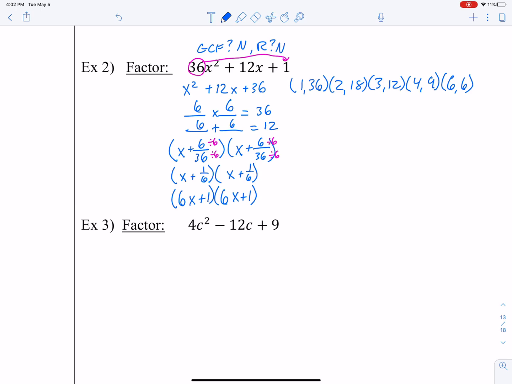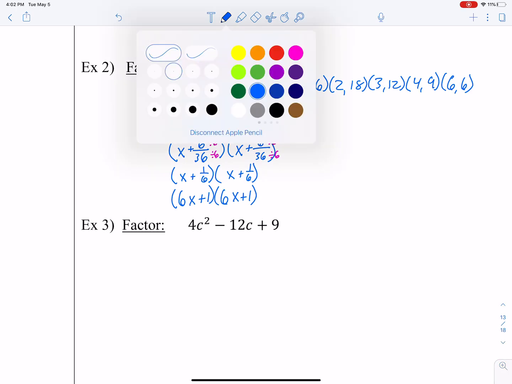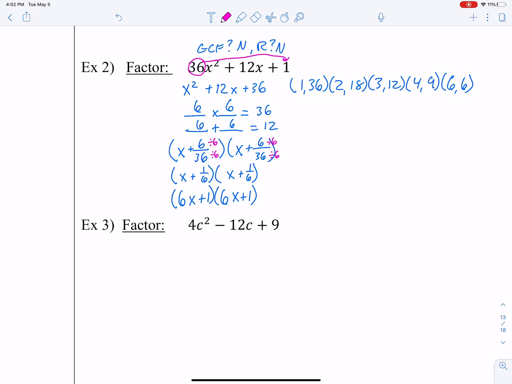All right, so this is the step now where it's going to be different. We notice that our two brackets are identical, 6x plus 1, 6x plus 1. They both are plus. Every single thing about them is identical, even the sign.